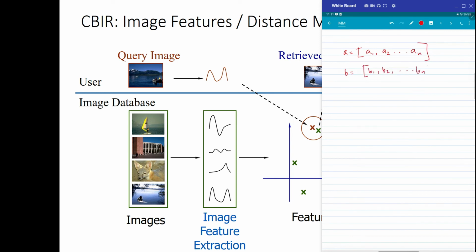So what is the distance between these two vectors? Definitely we can say the Euclidean distance is: you take A1 minus B1, right? And then you take the square of that. And maybe you take A2 minus B2 and you take the square of that. And in this way up to AN minus BN, and you take the square of that.